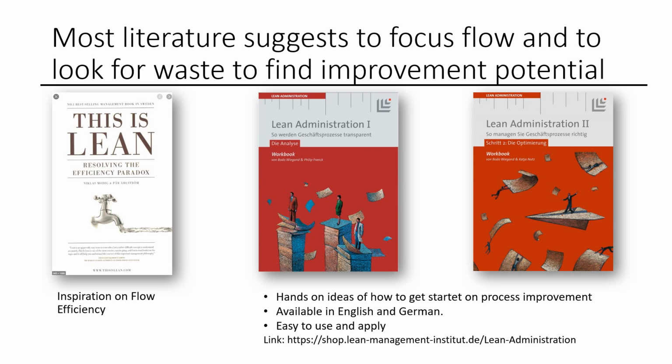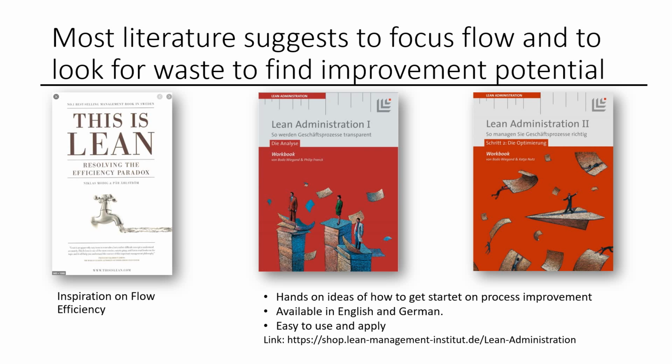Second, and that is the more hands-on approach, are the Lean Administration 1 and 2 books by Bodo Wiegand. They give you a nice approach, in chapters, of really what to do and what to look at and how to organize the process of coming from the old structure to a new structure.